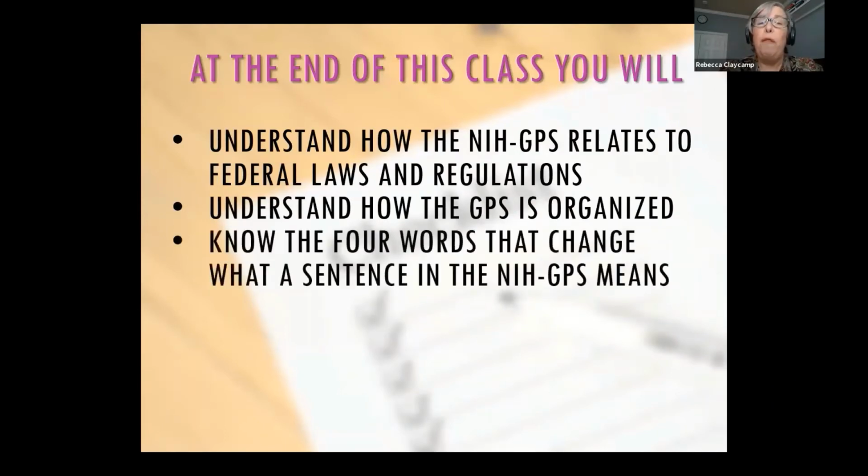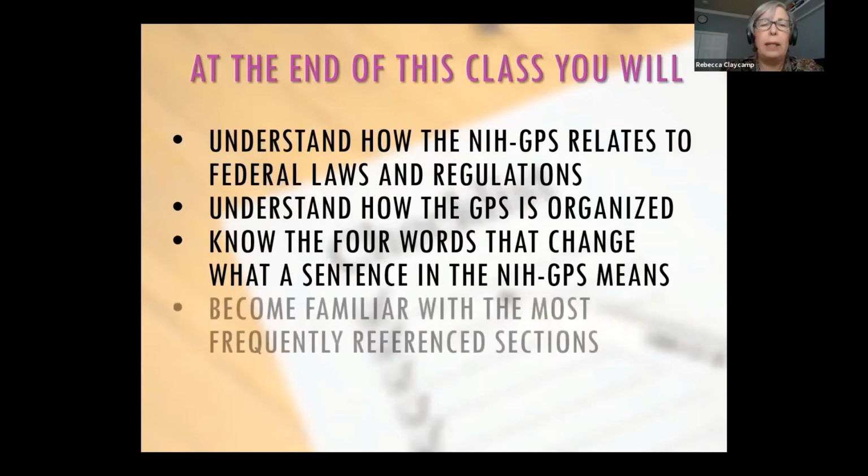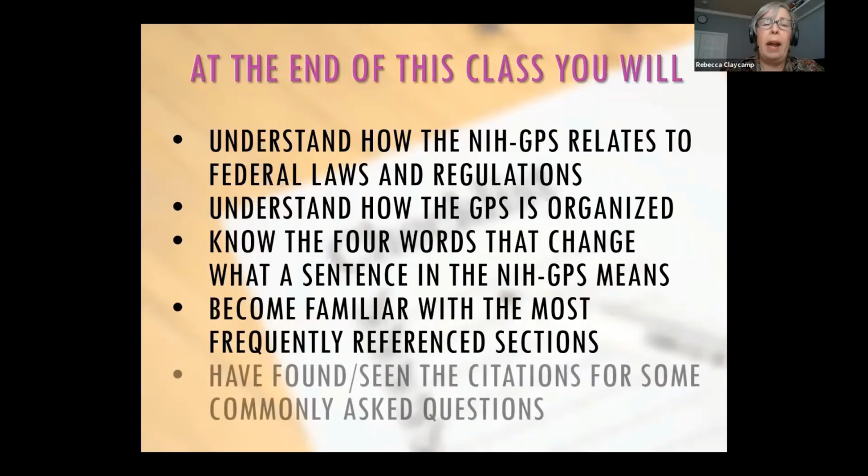I want you to know the 4 words that change what a sentence in the Grants Policy Statement means, so that you know exactly what you're supposed to do when you read a piece of grants policy. I want you to become familiar with the most frequently referenced sections, and I want you to have seen some of the citations for the most commonly asked questions that we get at NIH, and that hopefully you're getting as research administrators in the field.